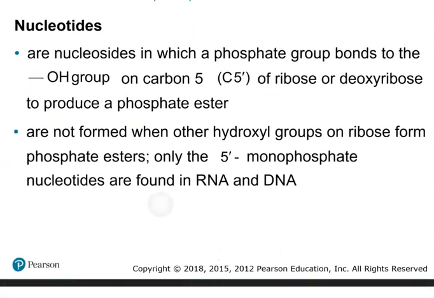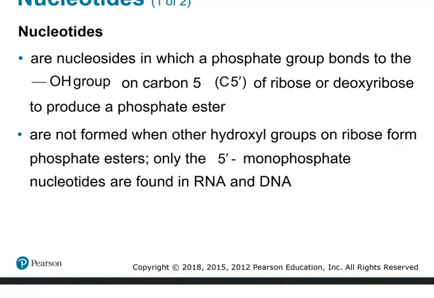Now, when a nucleoside gets combined, it forms what effectively is an ester with a phosphate group. This compound we call nucleotide. The phosphate group always bonds for a compound being called a nucleotide.